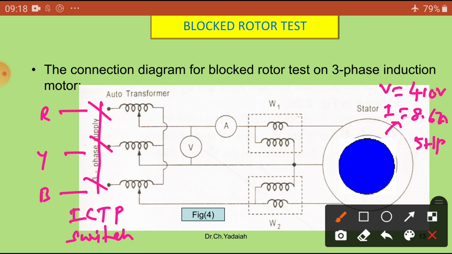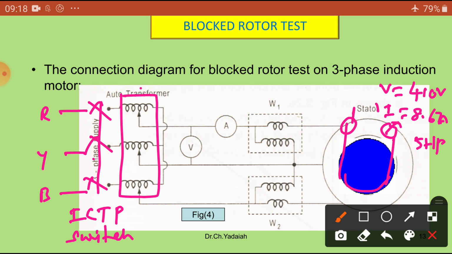Now in this case the rotor is blocked with the help of the belt with springs. Close the ICDP switch and vary the variac in such a way that the ammeter indicates the current of 8.67 amperes.